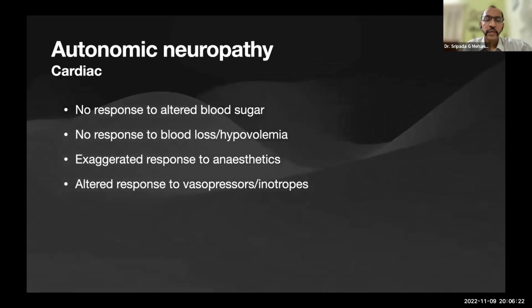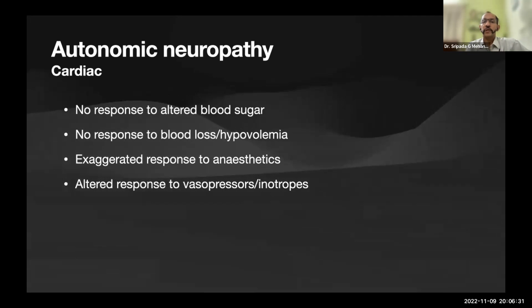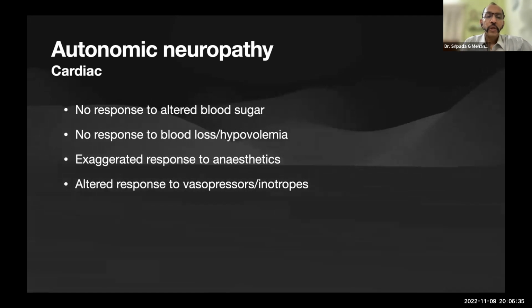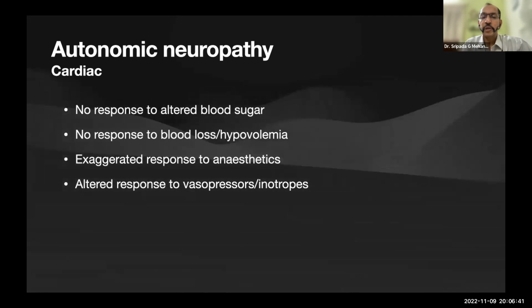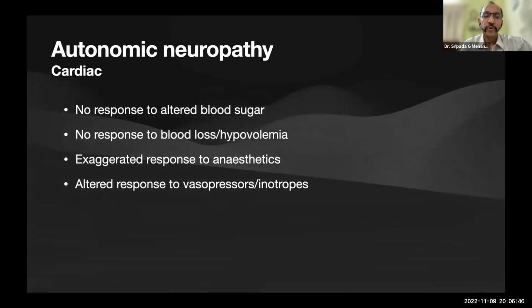Then comes the exaggerated response to anesthetics. As we all know, anesthetics are protoplasmic poisons, and in certain doses, they help us. When they exceed the dose, they cause problems. However, in diabetic patients, this response may be literally exaggerated, and even a small dose of propofol may leave the patient in hypotension, which normally happens in very elderly or frail patients.